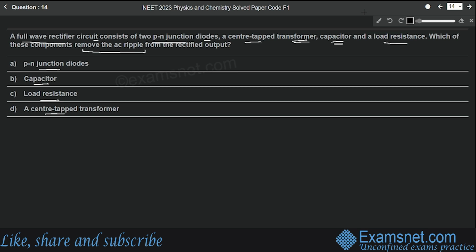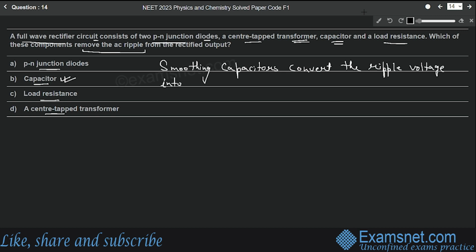Okay, so we know that capacitor is used to remove the AC ripple from the rectified output. Okay, capacitor. So what does it do? The smoothing capacitors, let's write it down here. Smoothing capacitors convert the ripple voltage into a DC voltage.